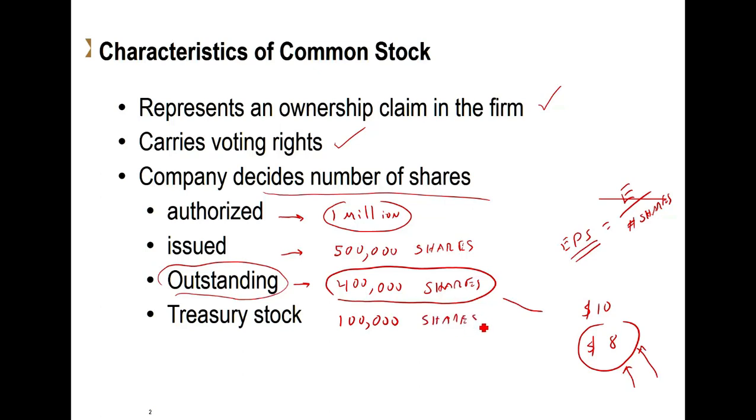What does treasury stock mean? It means that when I buy back those shares, let's just say I put them in a drawer, a treasury stock drawer. That's where I keep those shares. While they're there, they don't earn any dividends. They don't entitle me to any voting rights. They're just there so that if I wanted to, I could reissue them again at a future point in time at a higher price.